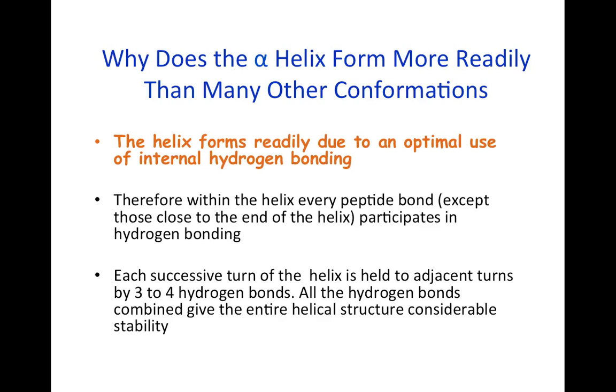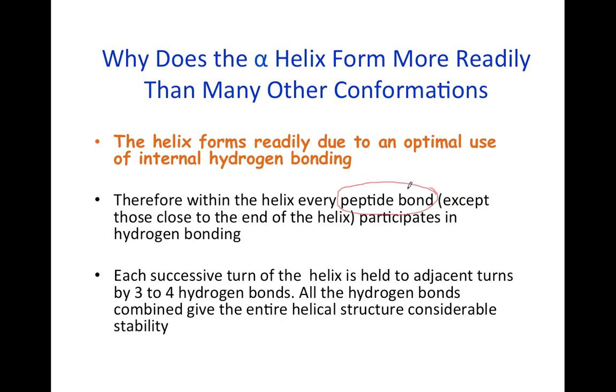Therefore, within the alpha helix, every peptide bond, so remember people, I will stress this again, for secondary structures we're looking at hydrogen bonding between atoms in the peptide bond. So they're saying therefore within the alpha helix, every peptide bond except those close to the end of the alpha helix participates in hydrogen bonding.